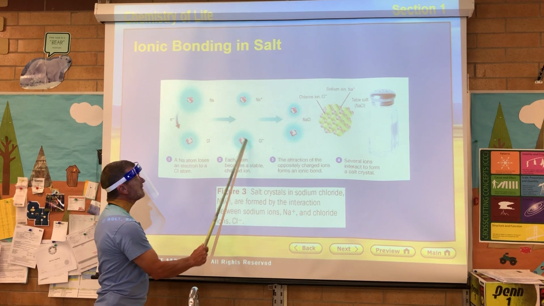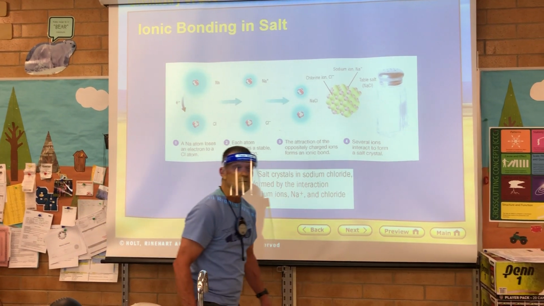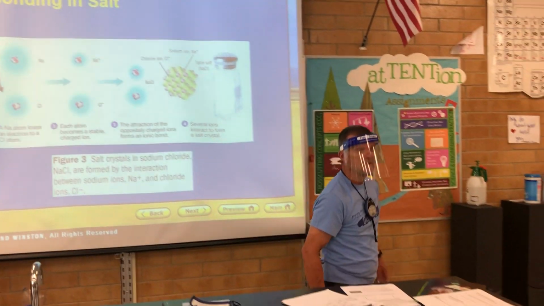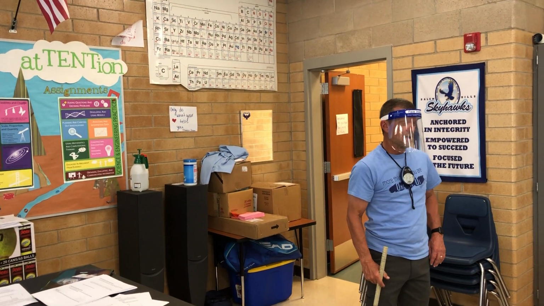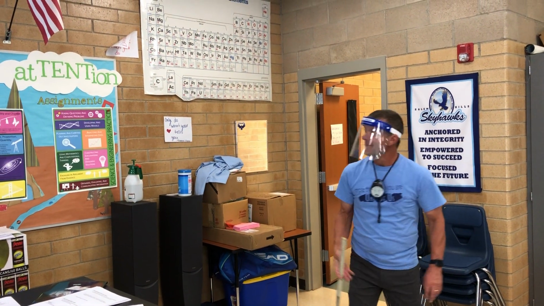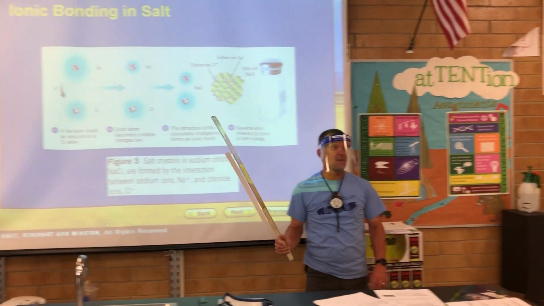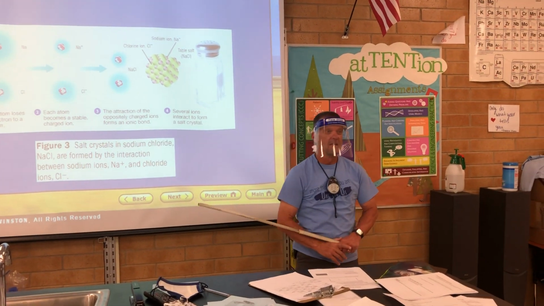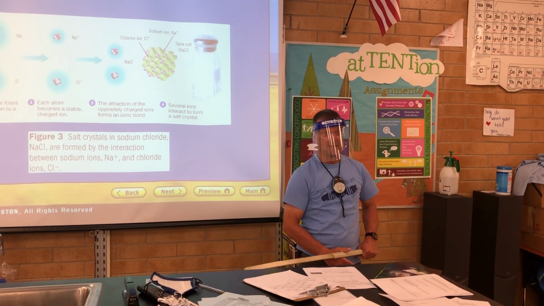And the chlorine looks up here and sees sodium and goes, oh, sodium, look at you. Sodium, you have a positive. Look at that plus sign. Holy smokes, that's hot. You look so good. I can't believe how good you look. And sodium looks down at chlorine and goes, holy smokes, chlorine, you have a negative. I love negatives. They really get me going.